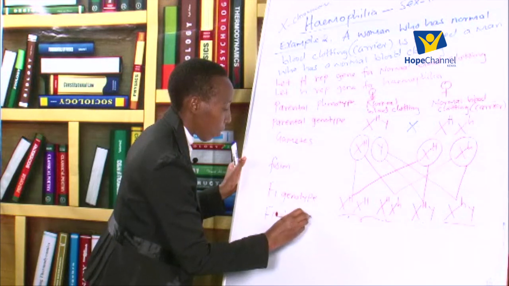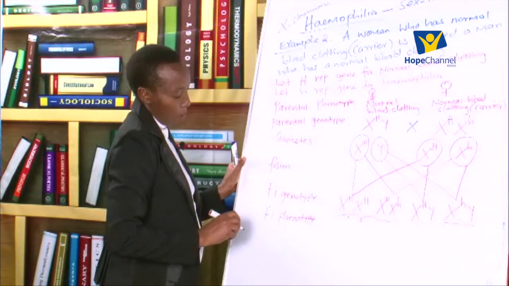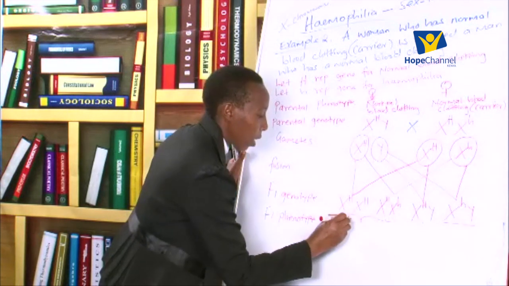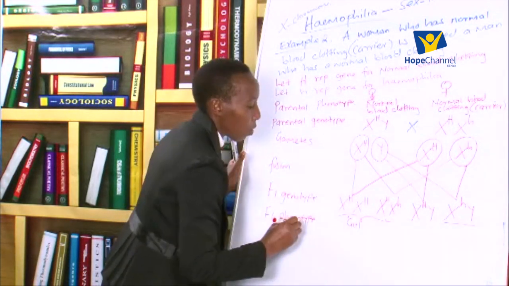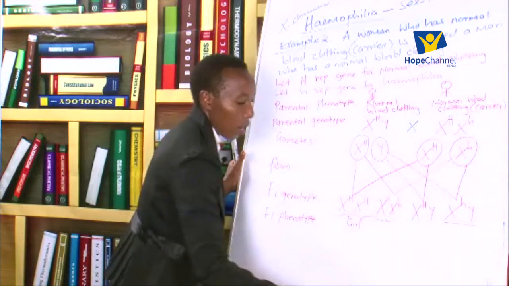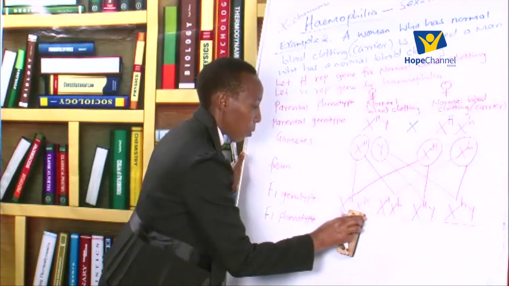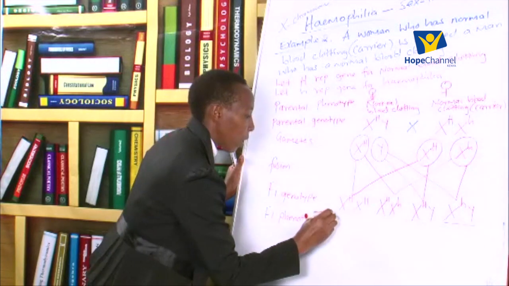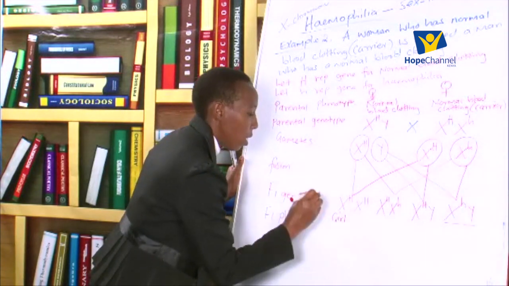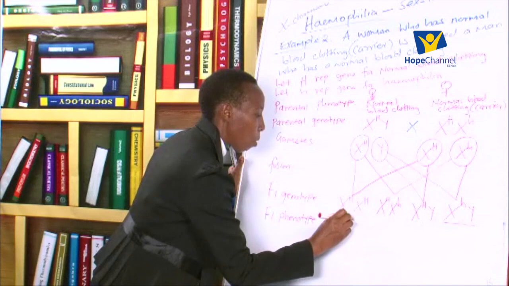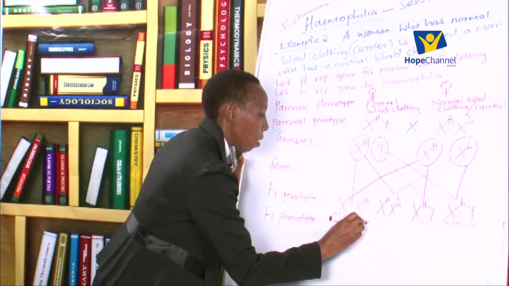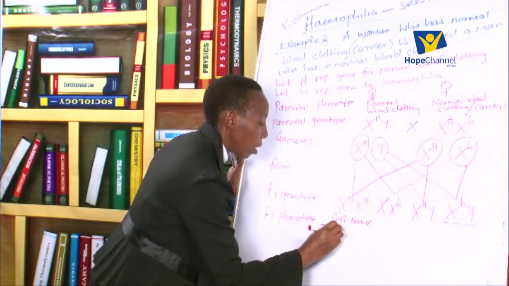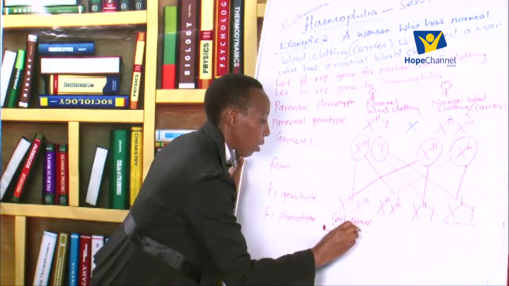These are girls. I think it's good I separated them so that you are able to see how to interpret each. This is a girl with normal blood clotting.